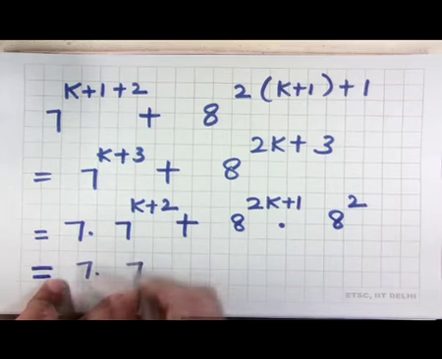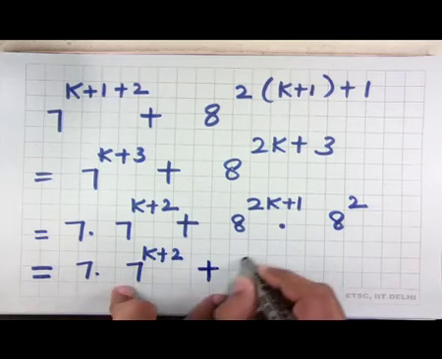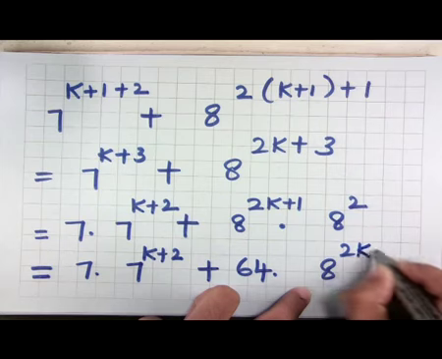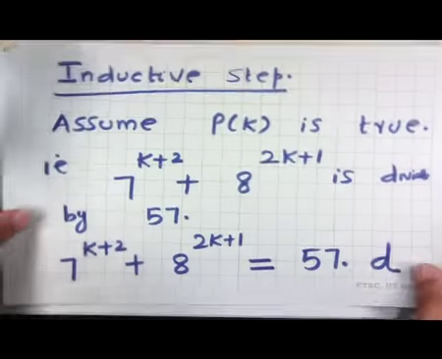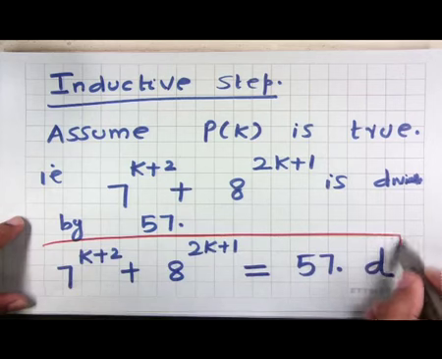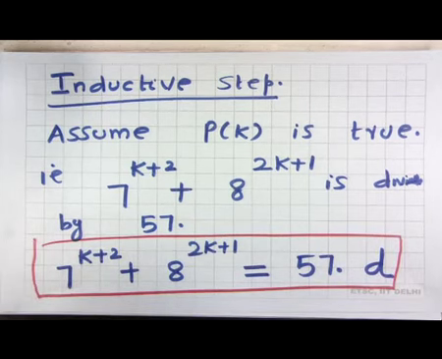Proceeding, this is 7 into 7 power k plus 2 plus 64 into 8 power 2k plus 1. Again, keep in mind that 7 power k plus 2 plus 8 power 2k plus 1 is 57 into d.